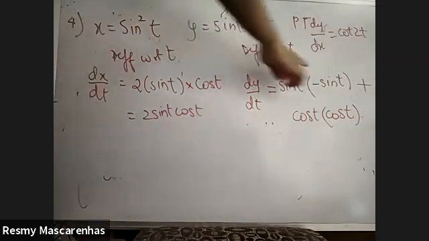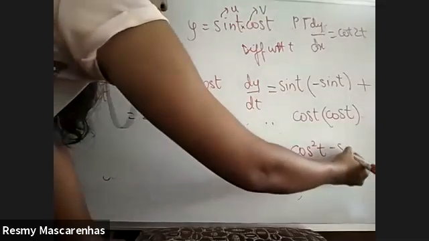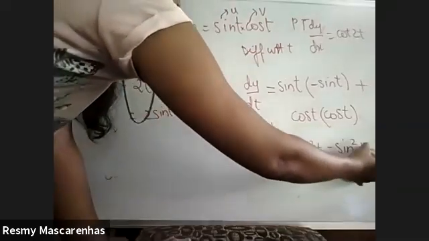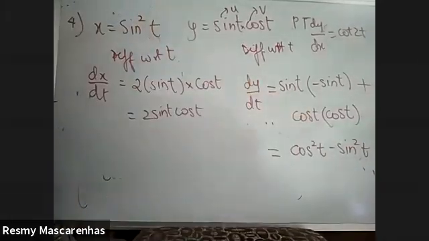Okay. So derivative of cos is minus sine. Derivative of sine will be cos. So what it will be? Cos square t minus sine square t you will get. First I wrote cos, minus I wrote later. So this is what you will get, dy upon dt. Now find dy by dx.